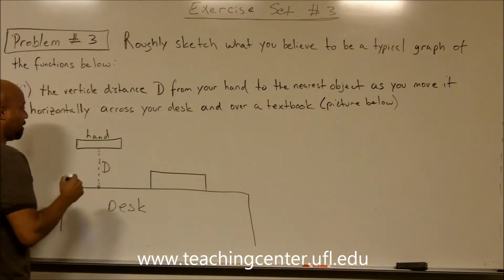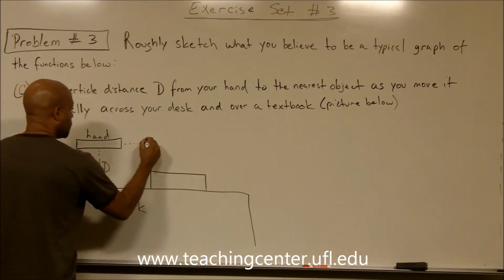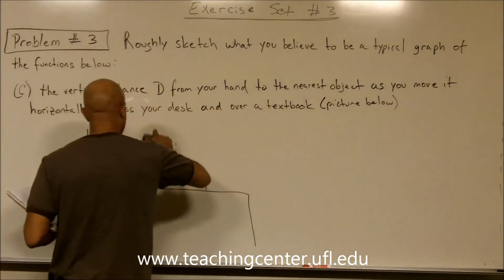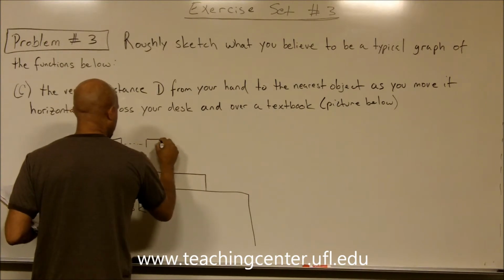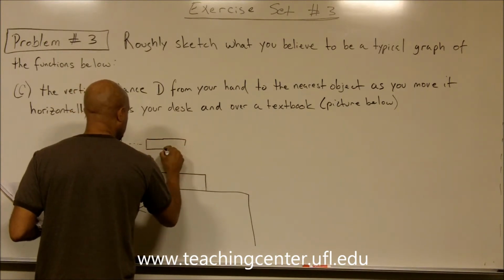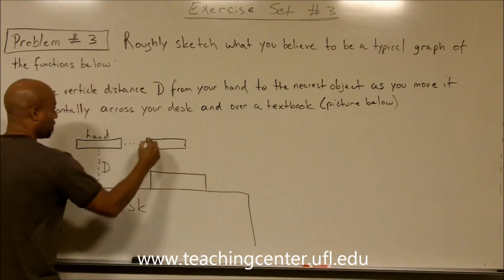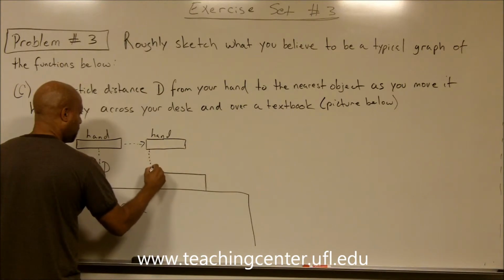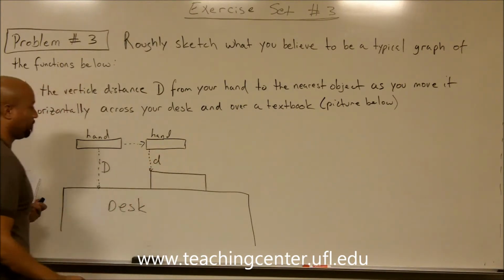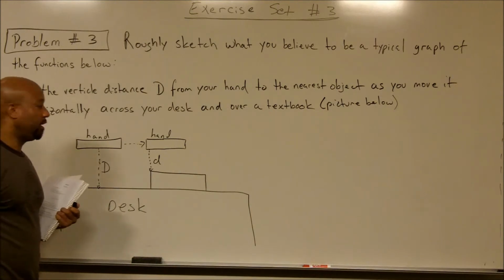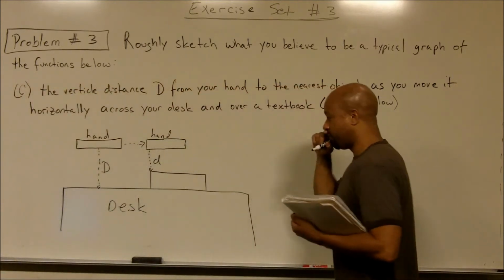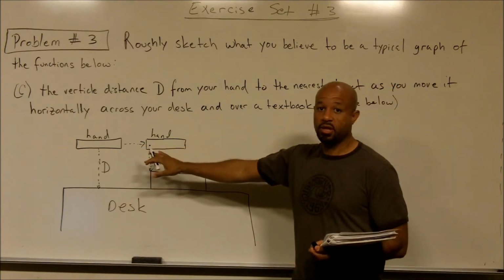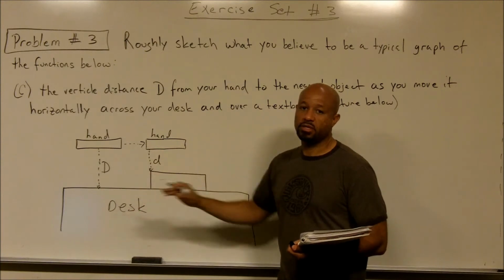If we were to slide our hand across, then the distance between our hand and the book we're going to call little d. So we can set up a relationship between the hand position and the distance away from the closest object.